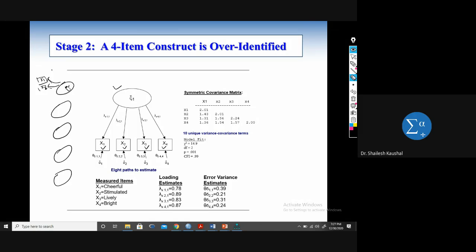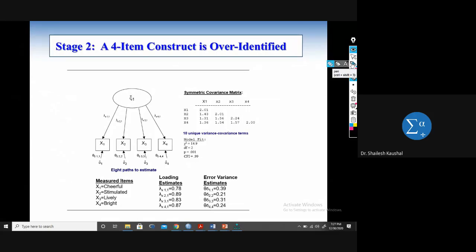So the minimum of 3 questions is necessary in each construct. If you take 2 questions, you cannot perform it in AMOS, but you can perform this type of model in PLS-SEM, partial least square structural equation modeling, through the SmartPLS software. That is another software.